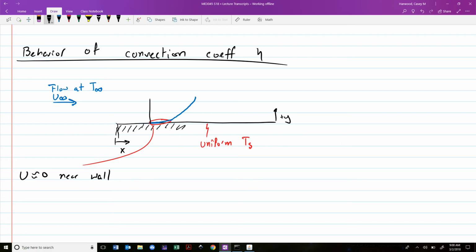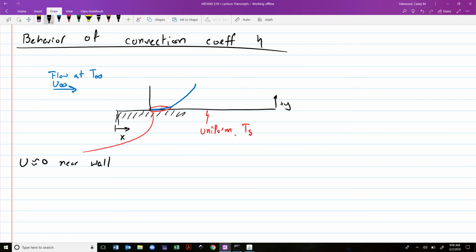As our bundle of thermal energy leaves the wall, in the wall it's traveling due to conduction. We have Fourier's law. When it hits this boundary between the solid and the fluid, its initial travel into the fluid, because the velocity is 0, is going to be through conduction. So in that really tiny, infinitesimally small layer of fluid that's stuck to the wall, we're not in a convective transport regime yet. We're still doing conduction.